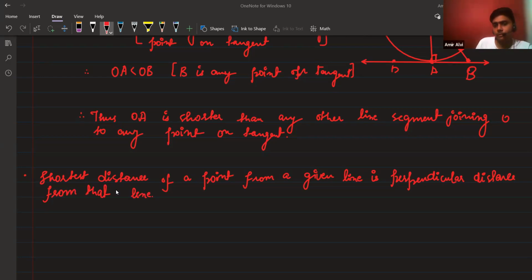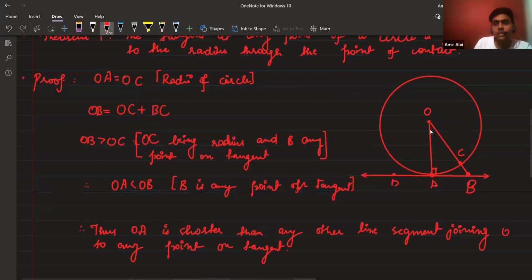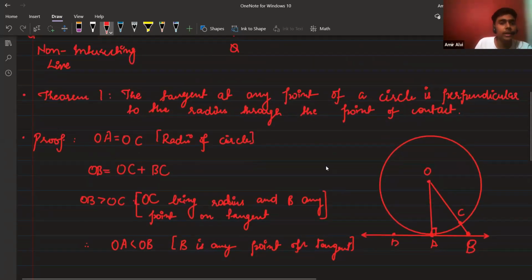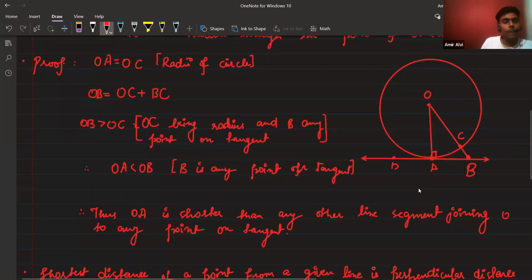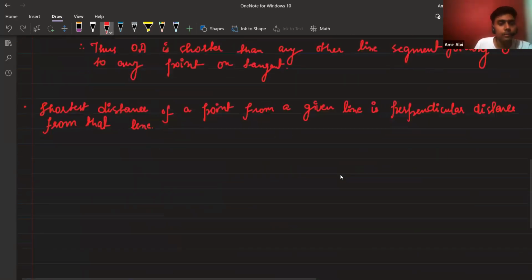If I'm saying that this is the shortest distance, and if it's perpendicular, then I need to prove that this radius is perpendicular to the tangent. If it's the shortest distance, it becomes perpendicular to the tangent. Yes or no, everybody?